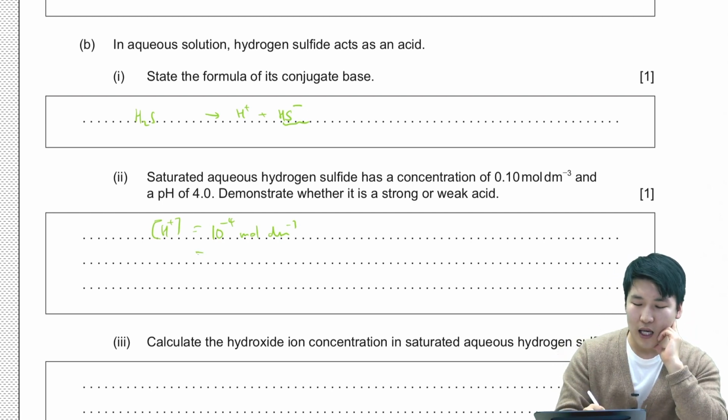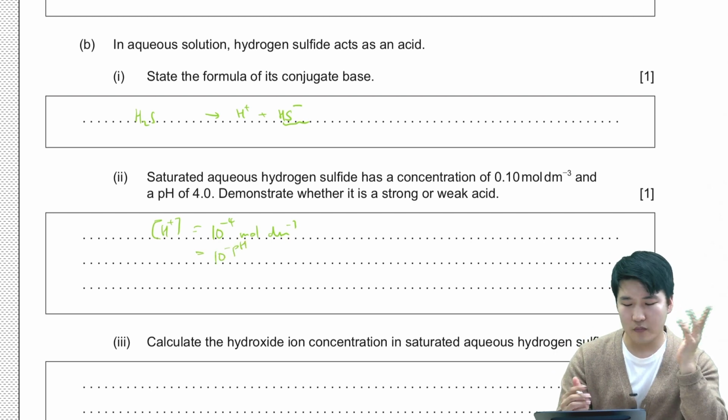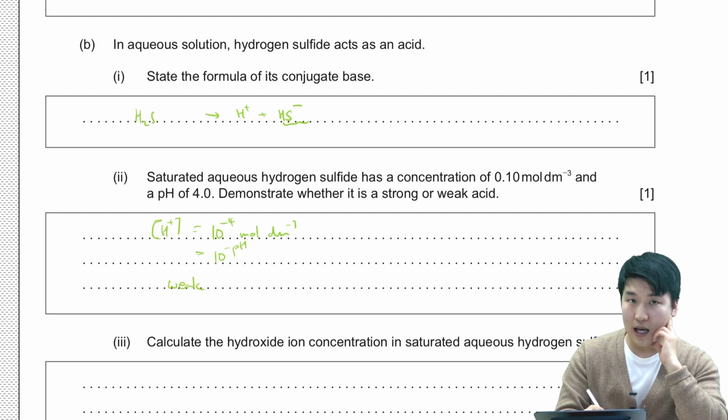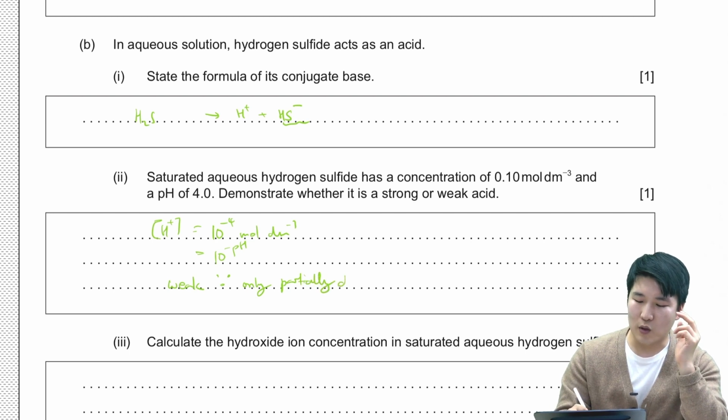What do we know about H+ value? It is 10^-pH. So we know that H2S is going to be a weak acid because it only partially dissociates.